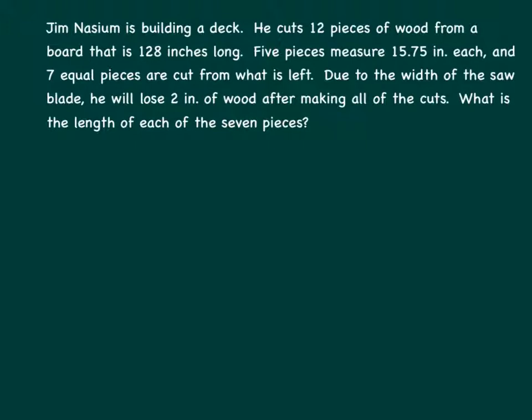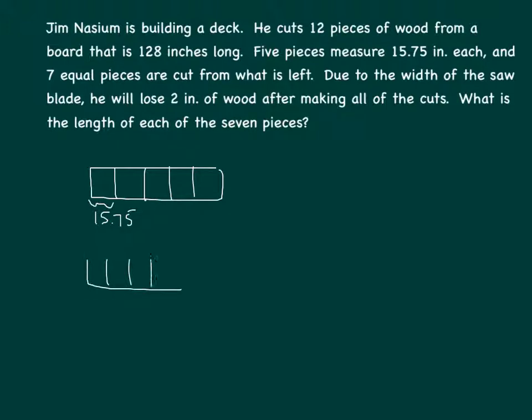So my 5 pieces that I have, each piece is going to be 15.75 and then I'm going to do 7 pieces, and I don't know how long those are. 1, 2, 3, 4, 5, 6, 7. That's what I'm trying to find out.